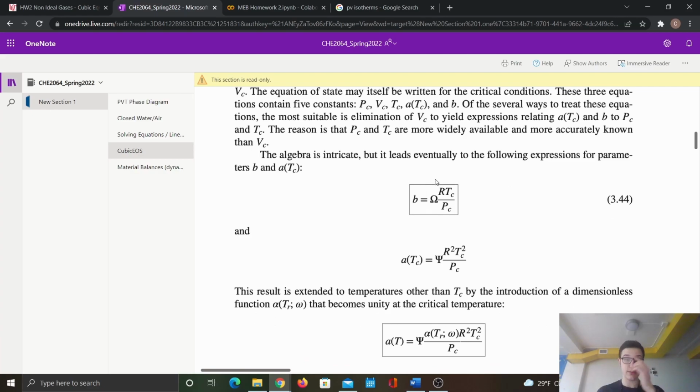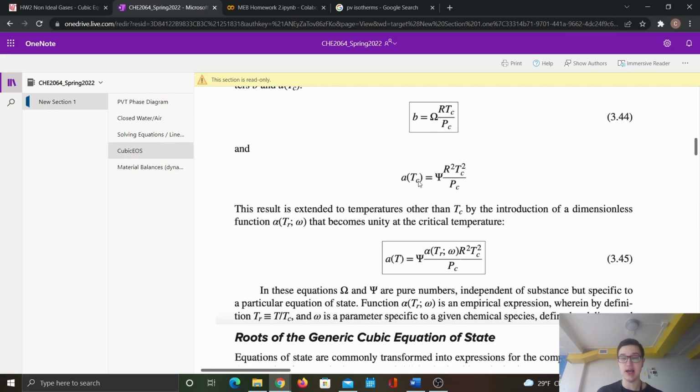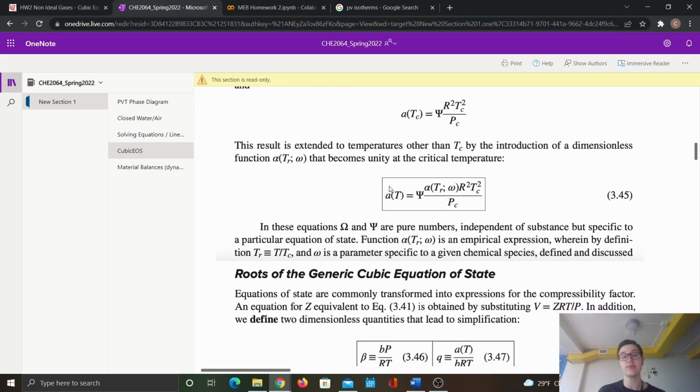So the equation for B is given here. It is omega times R times the critical temperature divided by the critical pressure. A at the critical temperature is given here. However, it's not what we're going to be using. We're going to be using this value here. So A is equal to psi times alpha of the reduced temperature times omega times R squared times critical temperature squared divided by critical pressure.